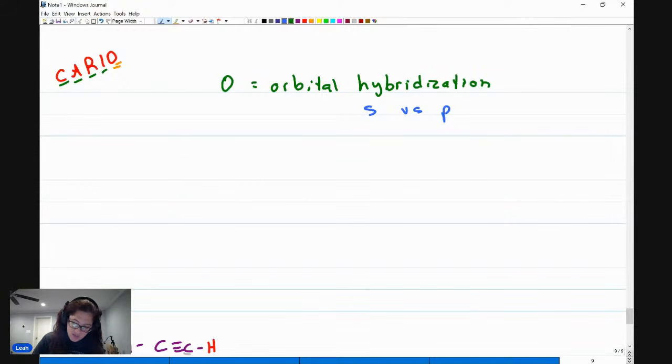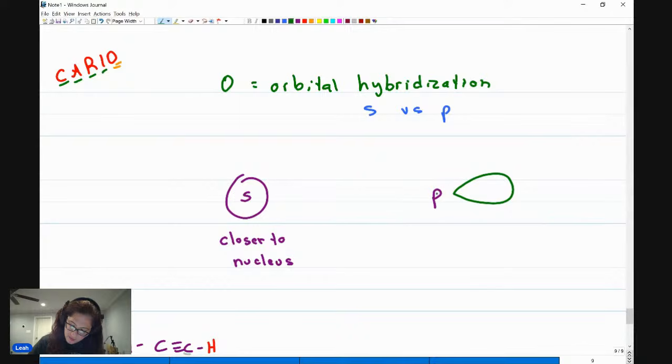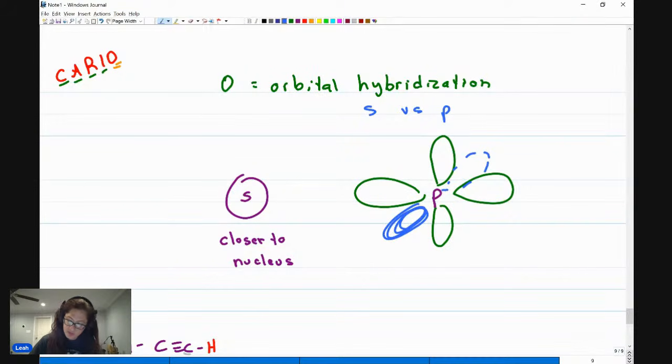When I think of the s orbital, think of your hybridization where you learn S, P, D, and F. And S is that little sphere on the nucleus. The P is when you have those shapes going in all directions. So S is closer to the nucleus. But if you have a p orbital, don't forget that you have this direction in the x, this direction in the y, and then you also have, going back and forth, that's the z direction.